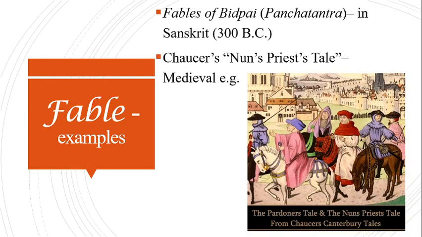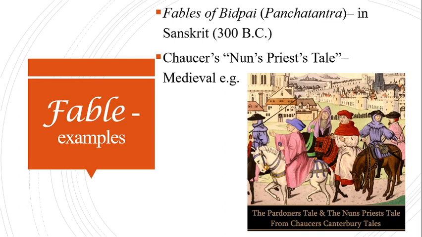A medieval example of the fable would be the English poet Geoffrey Chaucer's Nun's Priest's Tale from the Canterbury Tales, published in 1387. Fables became popular in Europe in the 17th and 18th centuries because of the French writer Fontaine.